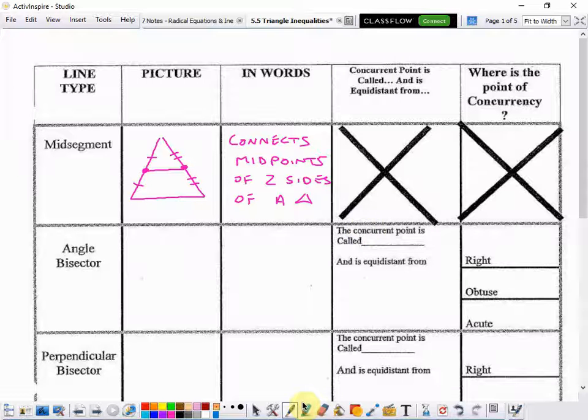There is no point of concurrency, and that's because if we draw in all three of the midsegments, they're going to look like that, and they don't actually all intersect in one point, so there is no point of concurrency.